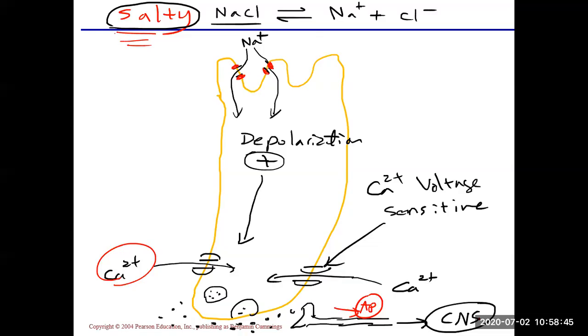Then you wouldn't be able to taste that salt. There could be a lower amount of salt in there, and as a result a lower amount of neurotransmitter being released, and that may not be enough to reach the threshold on these nerves. So these nerves are the sensory nerves, sensory neurons.